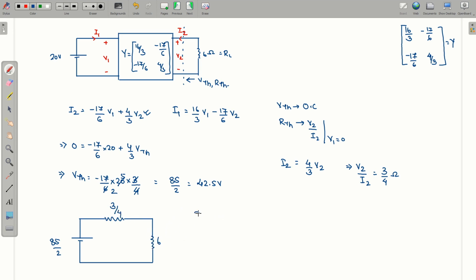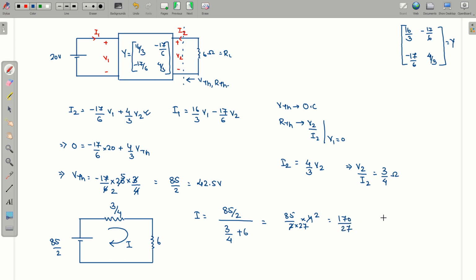So I, this is I, will be equal to 85 by 2 divided by 3 by 4 plus 6. So this is 85 by 2, 6, 4 is 24, 27, into 4. So this is 2. So 170 by 27. This is your I.